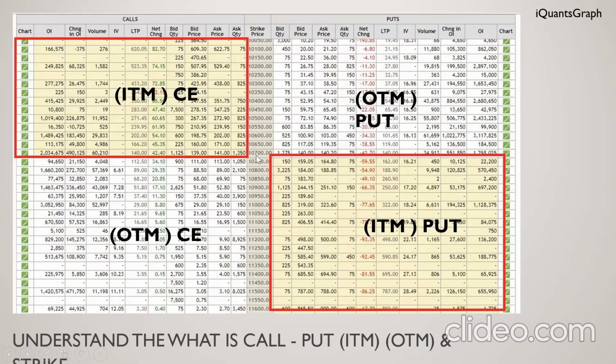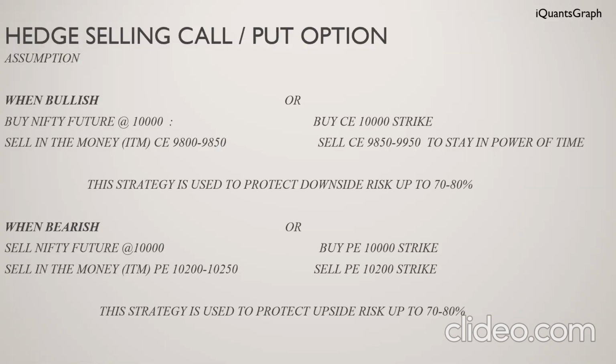When Nifty is trading at 10,700, this put is called the OTM put and this is the in the money put. Today's workings will be based on this. I want you to understand this whole snapshot clearly, so that the upcoming chart will be useful for you to get into the strategy options.